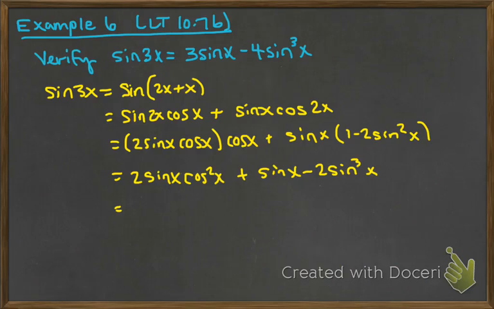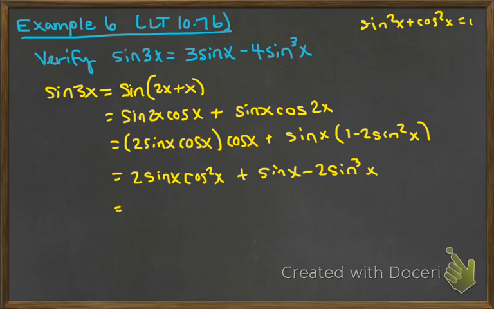The Pythagorean identity says that the sine squared of x plus the cosine squared of x equals 1. So if I want cosine, I need to bring that sine over, so then the cosine squared of x is equal to 1 minus the sine squared of x. So I'm going to plug that in for my cosine squared.